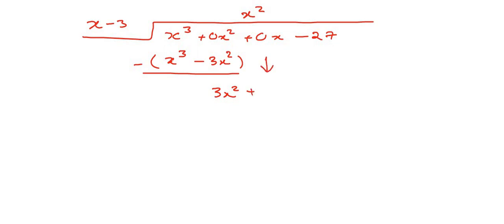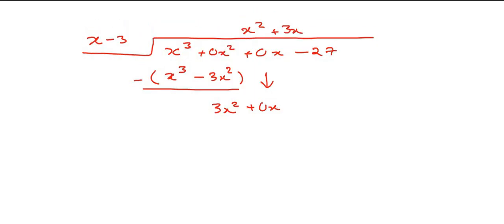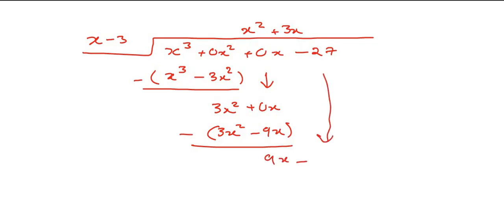Bring the 0 down. 3x into that, that's going to be 3x. And we are going to multiply everything by 3x. That's going to be minus 9x. The difference here will be 9x. Then bring down the negative 27. Here, again, this is going to give us what? A 3. Am I doing the right thing here, guys?